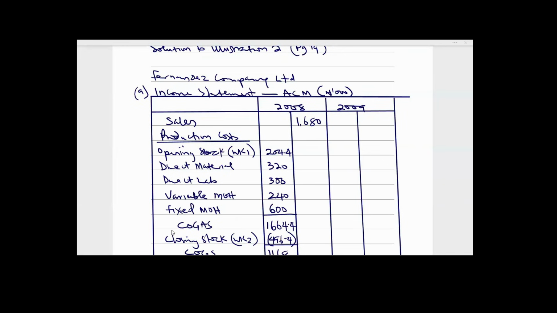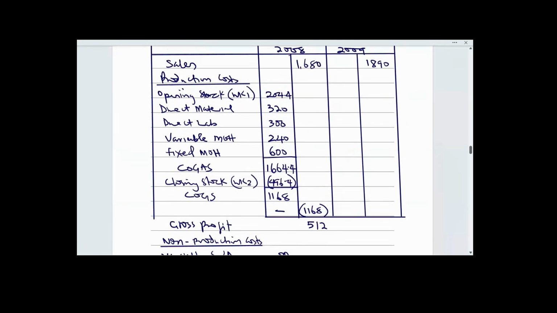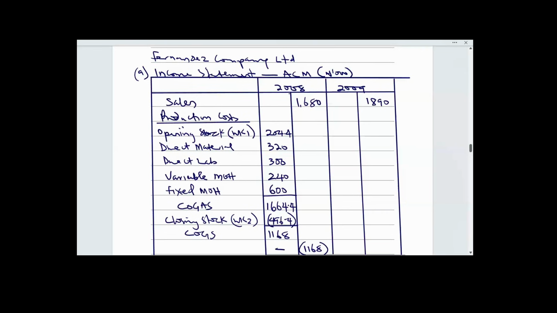1890. Okay. Then opening stock, we have calculated it before. Of course, opening stock will then be in 2009. Opening stock will be the closing stock of 2008, which is 496.4.